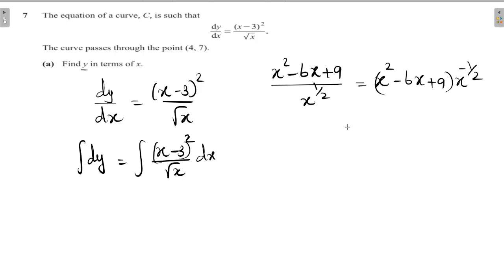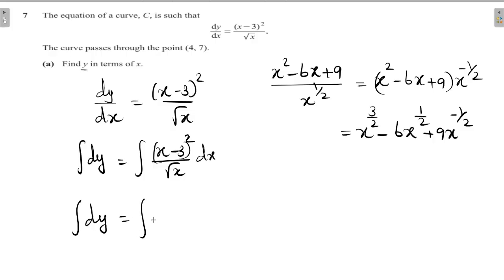Let us remove the brackets. x^(2 − 1/2) is x^(3/2), minus 6 times x^(1 − 1/2), which is x^(1/2), plus 9 times x^(−1/2). So ∫dy = ∫ (x^(3/2) − 6x^(1/2) + 9x^(−1/2)) dx.